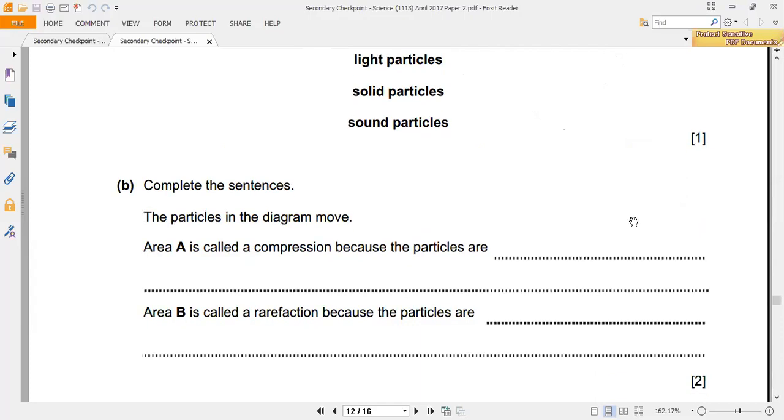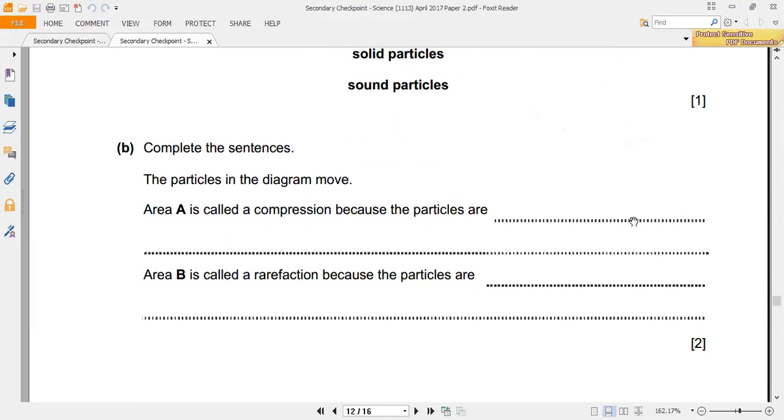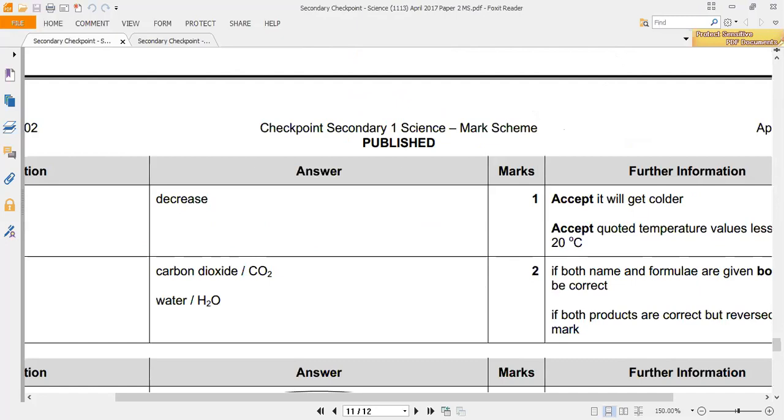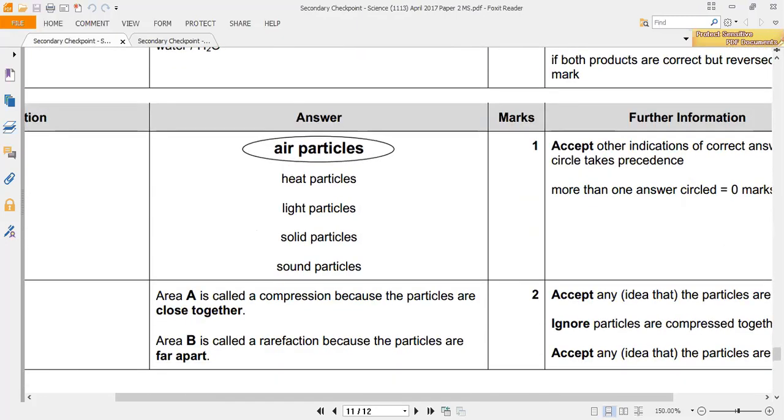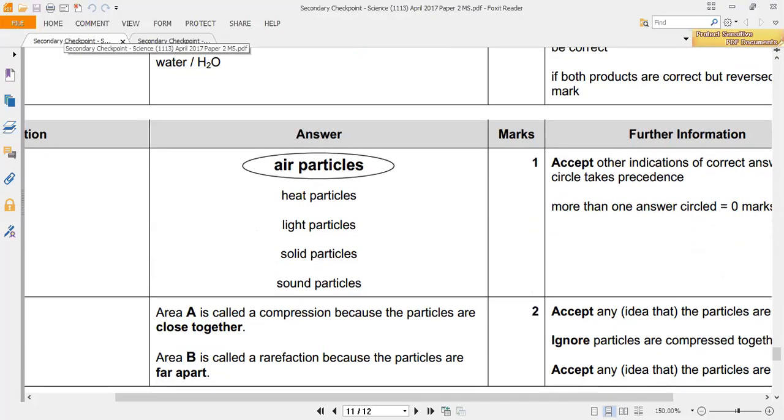Area A is called a compression because the particles are closer to each other, compacted. Area B is called a rarefaction because the particles are spread far apart.